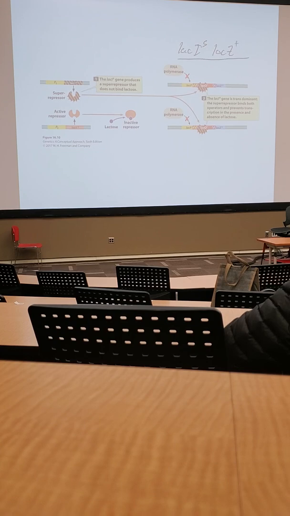And on the other one, there's a normal wild type lacI and a functional lacZ. So in this case, there's a dominant suppressor, which is also trans-dominant, but it's a suppressor. So this system would be constitutively off. So lacI-S is dominant to lacI plus, which is dominant to this other mutant.